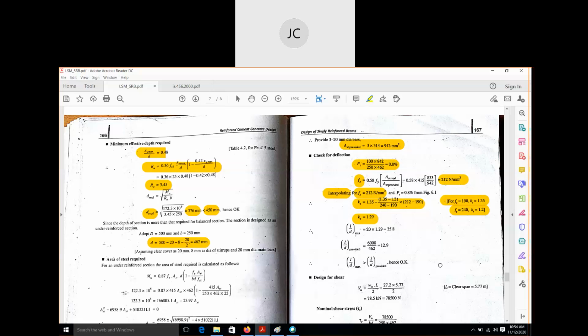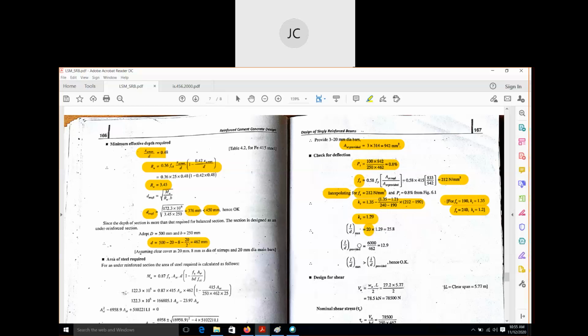As per IS 456, the maximum value of L by D is 20, but we have to multiply the maximum value with the modification factor to get the required value of L by D maximum. So we multiply 20 by the modification factor 1.29, and you will get 25.8.